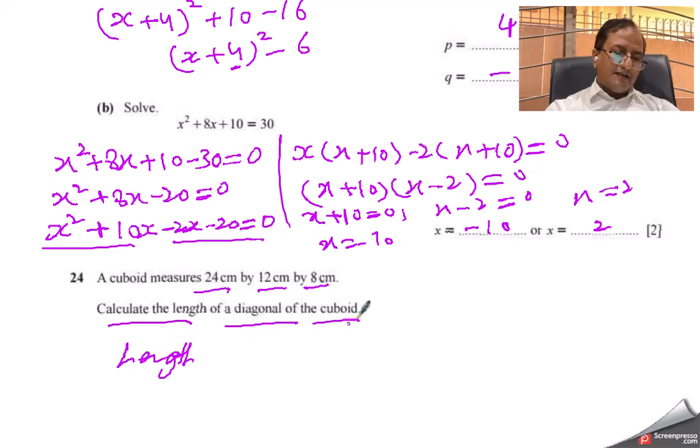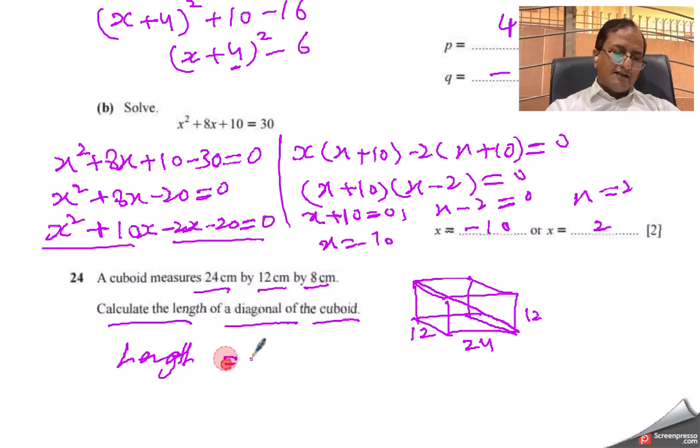If I draw a cuboid, for example here, with different dimensions, we have 24, 12, and 8. We are supposed to find the diagonal, that is 12 squared plus 24 squared plus 8 squared, and the whole under root.